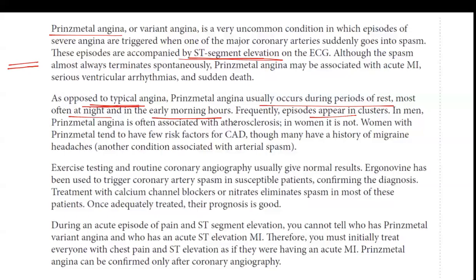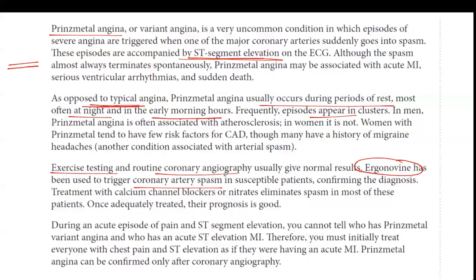In Prinzmetal angina, the exercise test and routine coronary angiogram, everything will be normal. But what we can do is the ergonovine test. Ergonovine can cause coronary artery spasm. So if you give the ergonovine and the patient starts to get the chest pain, that confirms the diagnosis.